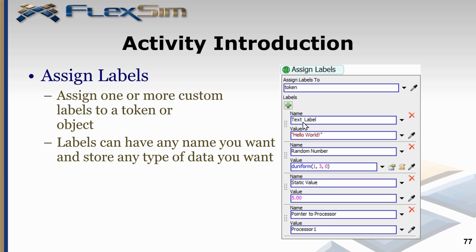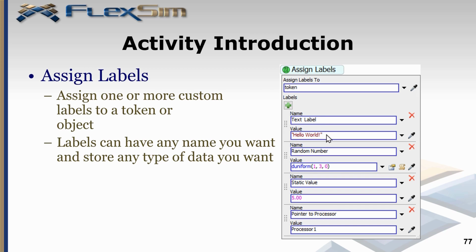I like to not use spaces in my label names. It makes it a little easier later on when you're referencing the label with code. So I suggest not using spaces and not using special characters in the naming of your labels, but do use a capital letter for the beginning of each descriptive noun or verb within the name.